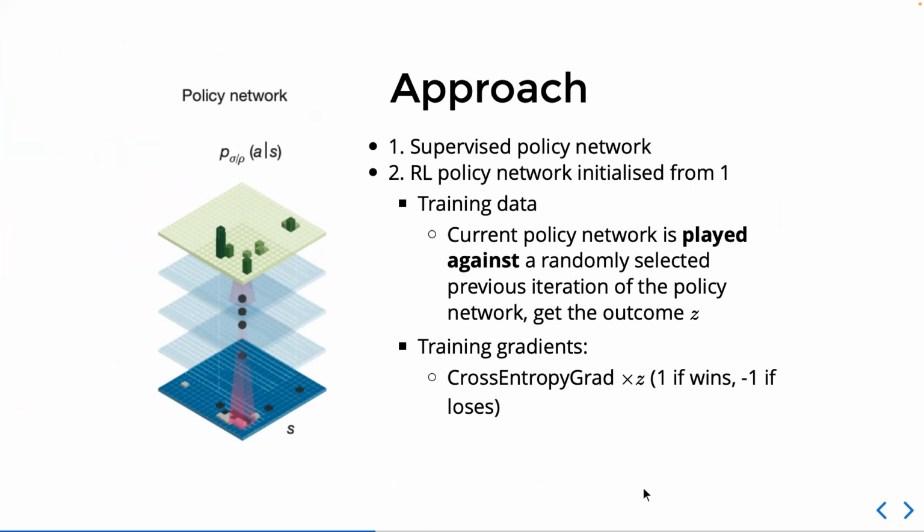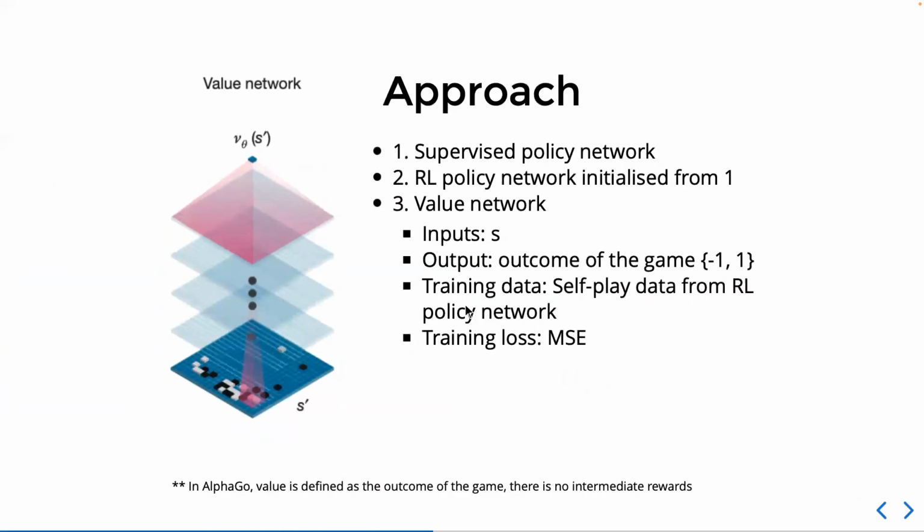Yes, because the value network just uses the self-play data from the RL policy network. So the only purpose of the reinforcement learning network is to provide training data for the value network, which we finally use. Oh, okay.